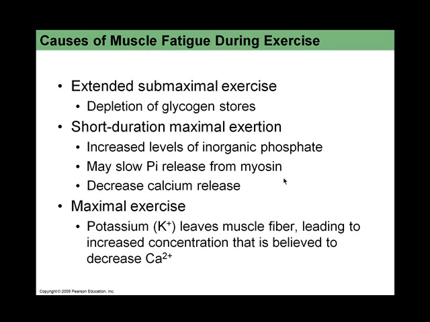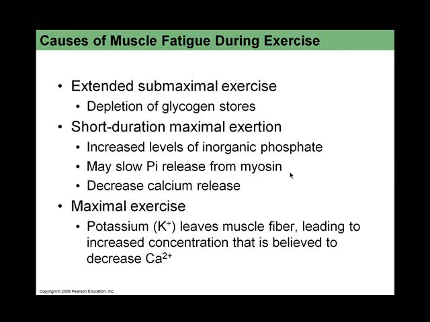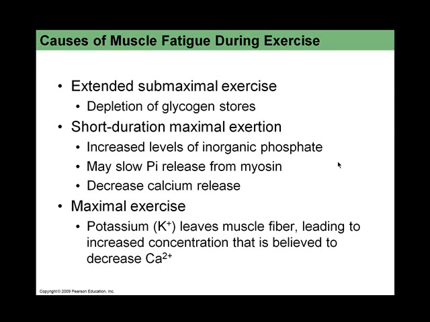So if there's so much Pi floating around, it's going to favor staying on the myosin head, even if the affinity decreases for the binding to it. If you have such a high concentration, it's going to keep bumping into it. So more frequently, it's going to be in the bound state, even if it doesn't want it there, right? It's like somebody spraying a water hose at you. Even though you don't want it, putting your hands up in front of you, it's still coming at you and sticking to you. Not the greatest analogy, but it helps.